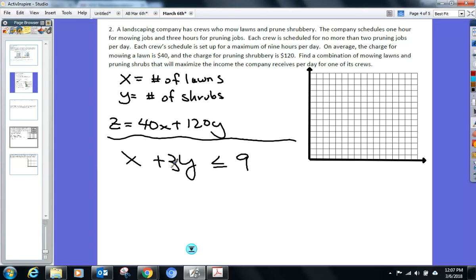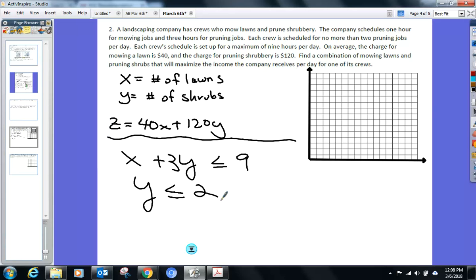Only do 2 prune jobs a day. How can I write that then? Only 2 prune jobs a day. Shrubs a day, at most 2. So how can I write that? Y, the number of shrubs, only can be 2 or less.